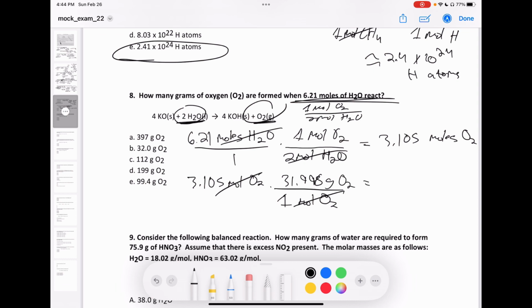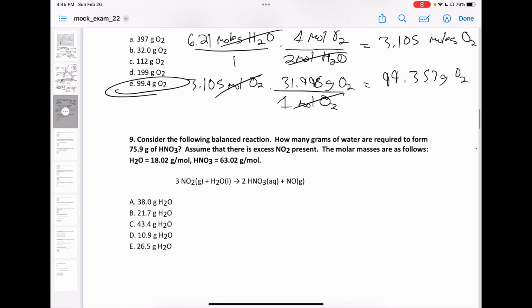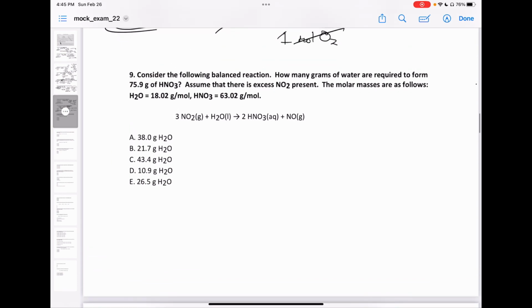Those cancel. Then we get 3.105 times 31.998. Okay, I put that on my calculator wrong. So the answer is 99.353 grams of O2, and that is pretty much close to only that answer.